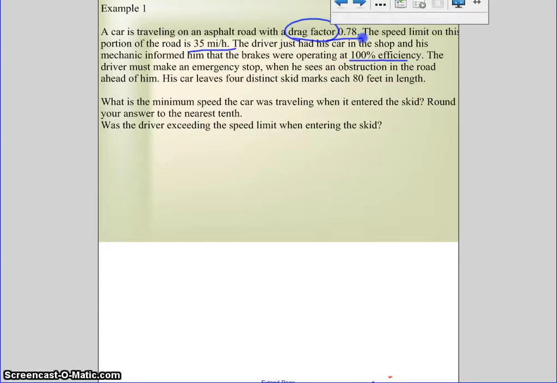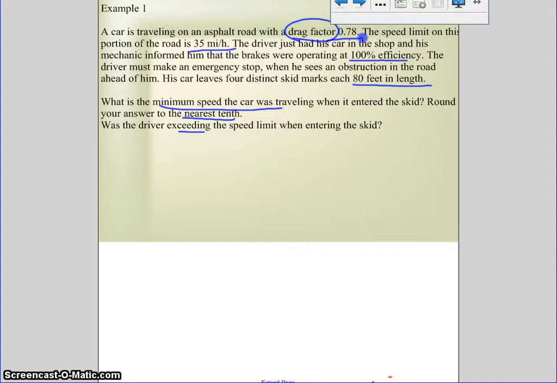The driver must make an emergency stop when he sees an obstruction in the road ahead of him. His car leaves 4 distinct skid marks, each 80 feet in length. What is the minimum speed the car was traveling, rounded to the nearest tenth, and was the driver exceeding the speed limit?